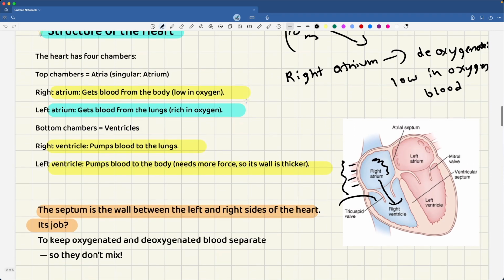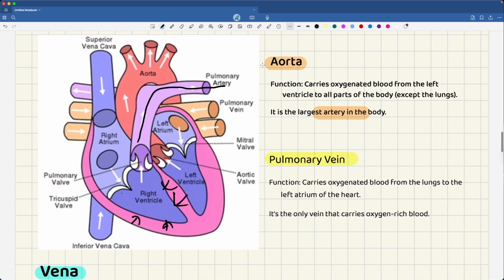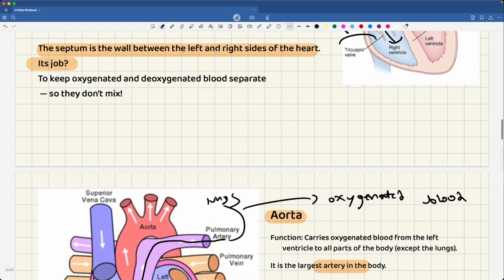But here is the thing, we all know arteries carry oxygenated blood, but the blood coming out of the ventricles is low in oxygen, or you can say deoxygenated blood. But this is a special exception, because the function of an artery is that it takes blood away from the heart. As it takes blood away from the heart to the lungs, we call it the pulmonary artery.